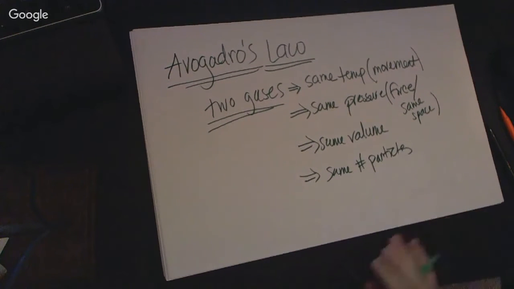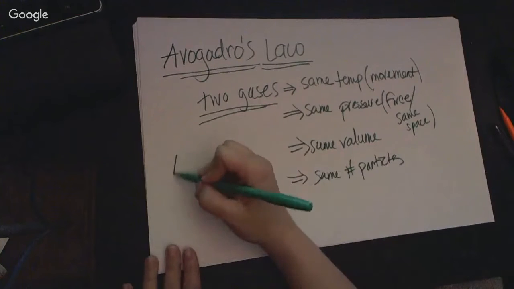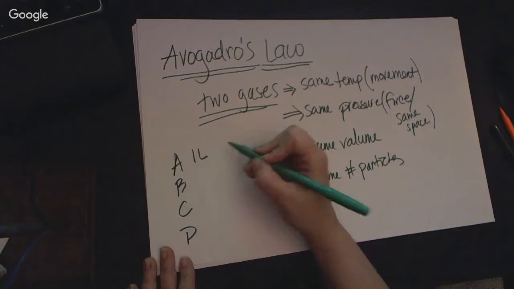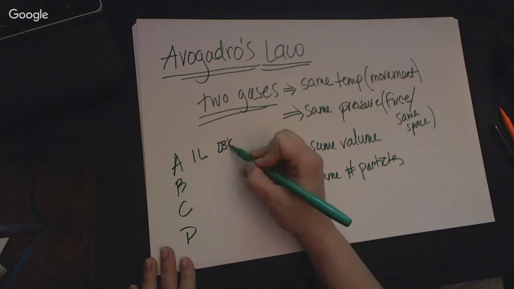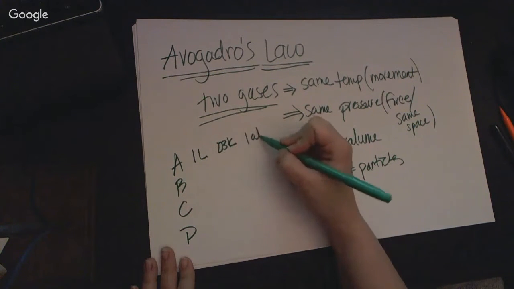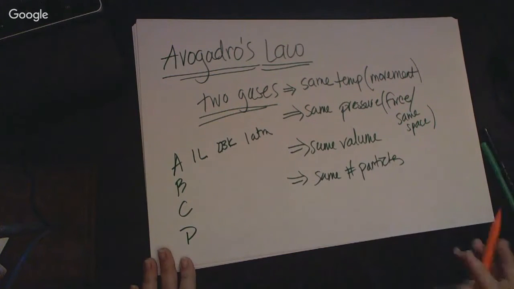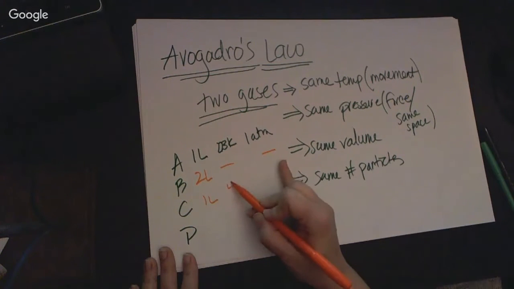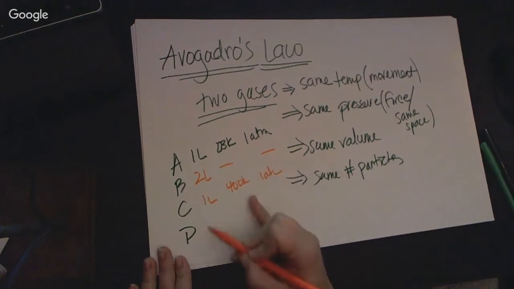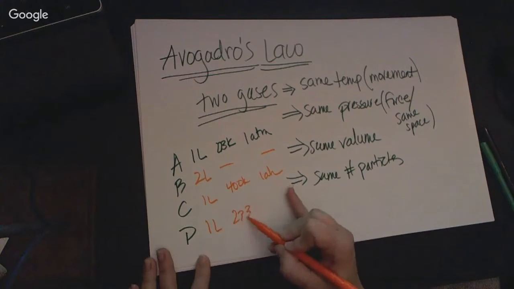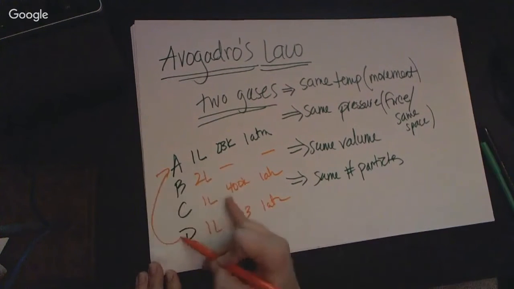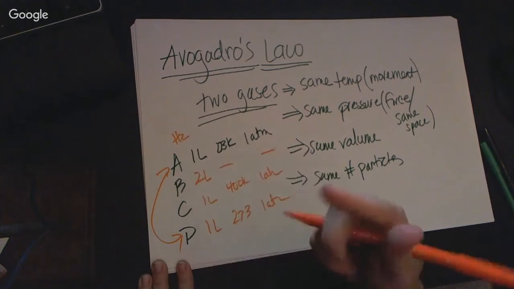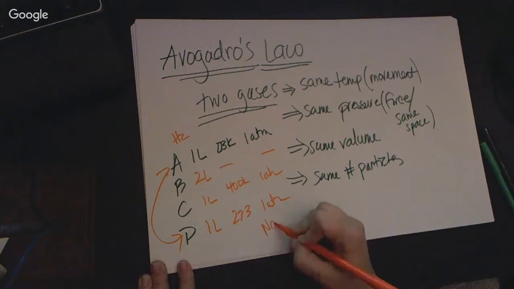So there are questions that show up on the Regents exam where you have gas A, B, C, and D. A is at 1 liter and 273 Kelvin, and it is at 1 atmosphere. And they ask, which one of these has the same number of particles? B is 2 liters, and it's the same otherwise. C is 1 liter, but it's 400 Kelvin and 1 atmosphere. And then you've got answer choice D, which is 1 liter, 273 Kelvin, 1 atmosphere. Well, A and D have to have the same number of particles, even if A is like H2, which is diatomic, and D is like sodium gas.